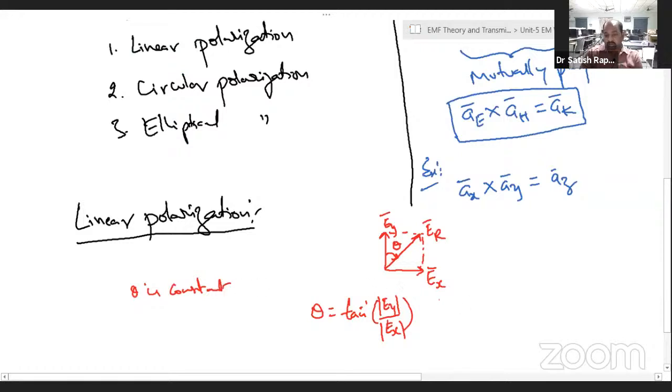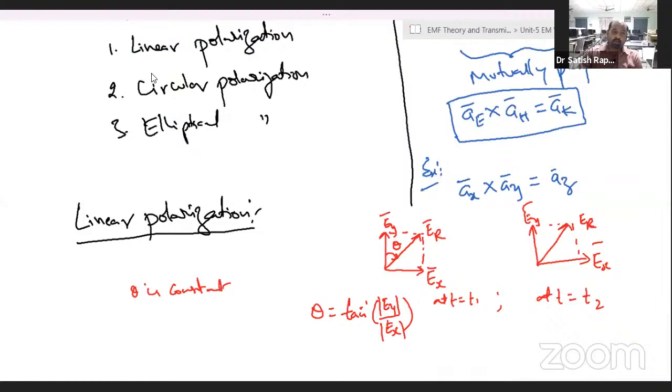Let us say this is at t is equal to t1, and at t is equal to t2, that is some other time, this is the electric field Ex and Ey.